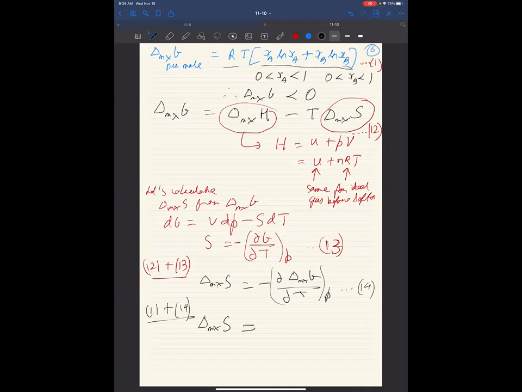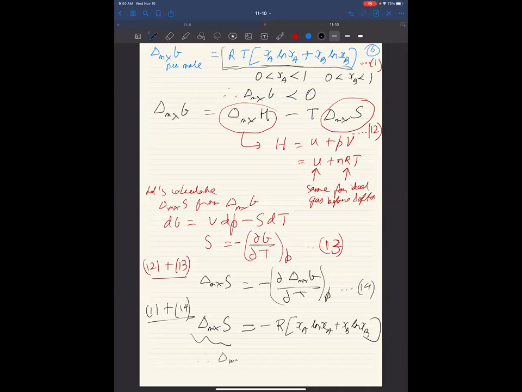Where is Corina? What do you think, Corina? I want to get delta mixing S by differentiating 1 with respect to temperature at constant pressure. This is 1. Just T goes away, right? Really simple. And a minus sign, don't forget that. So this will be minus R times XA ln XA plus XB ln XB. Now, if you put this in this formula, you can see delta mixing H is again 0, right?